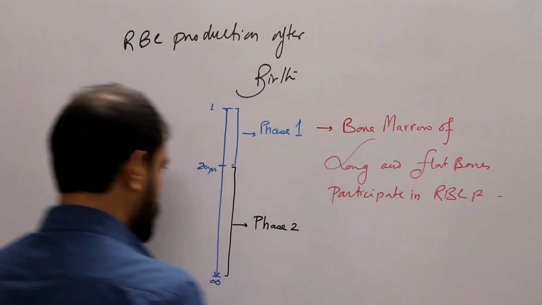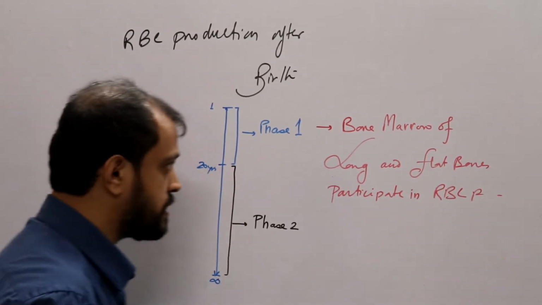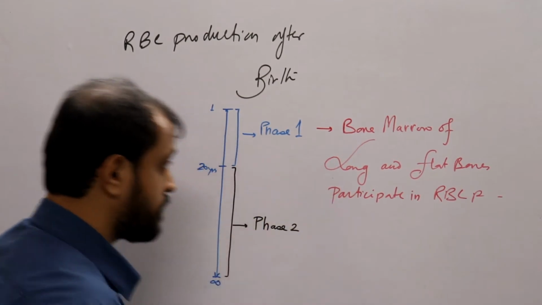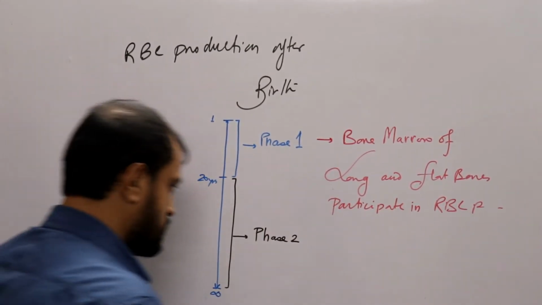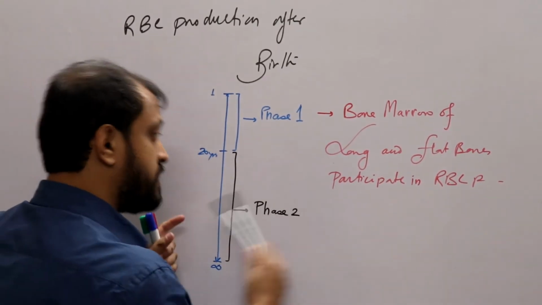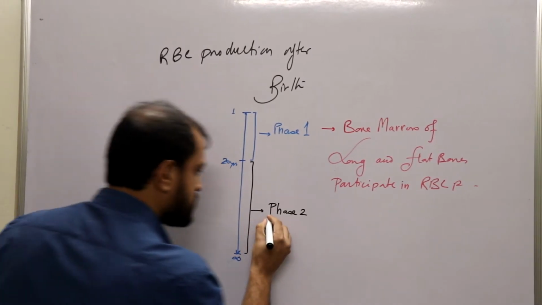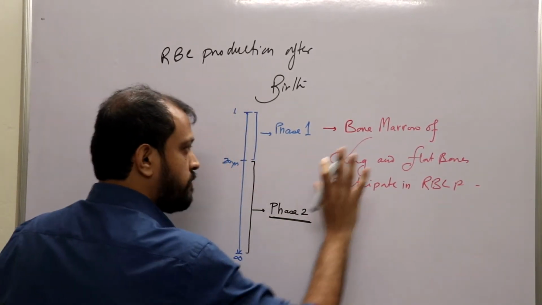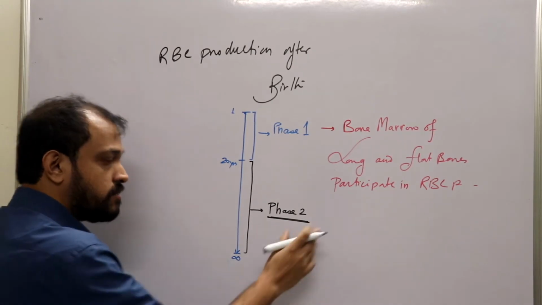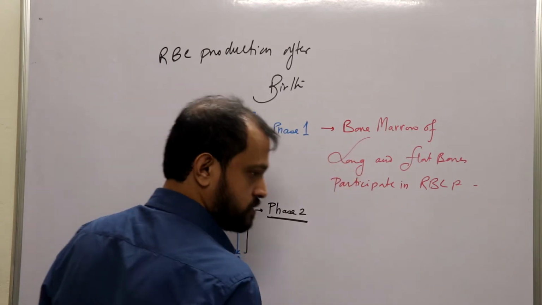What is the difference between phase 1 and phase 2? In phase 2, long bones like the femur, and to some extent flat bones, and to some extent even the liver can produce RBCs. In phase 1 also the liver plays a very good role. But in phase 2, flat bones and to some extent the liver become a secondary RBC production site, but the primary RBC production site is the long bones.